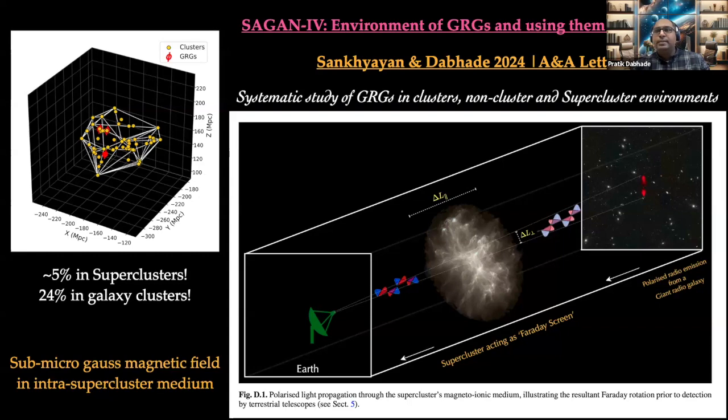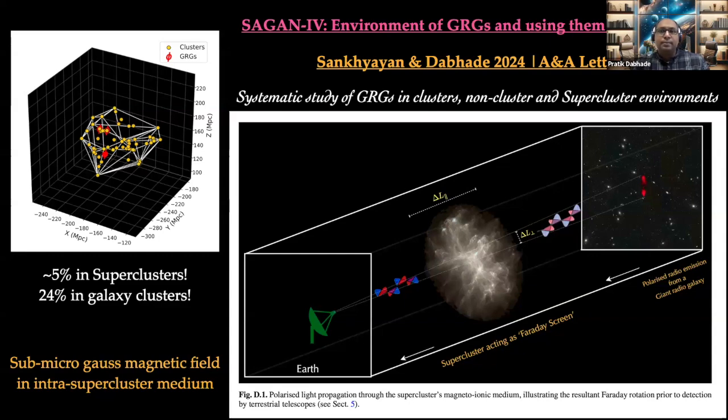But as we were doing this study, we had an idea: if we are able to locate these giant radio galaxies behind a supercluster, and if they are polarized, we can try to estimate the magnetic field of the intra-supercluster environment. This is based on the Faraday rotation method.